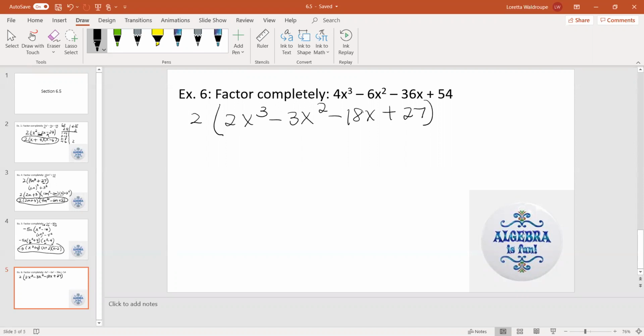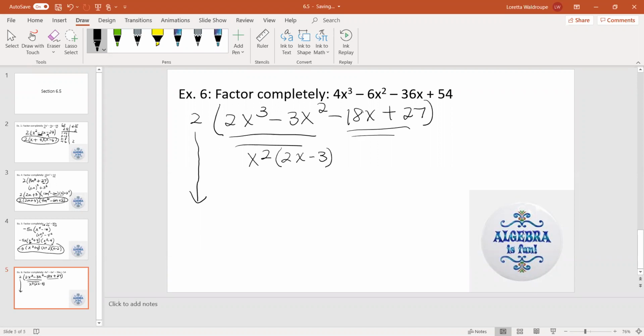So you're going to group. Looking at the first 2, and I'm just going to draw an arrow because I'll bring my 2 down to the final answer. What goes into 2 and 3? Just 1. But I can see both of those have an x squared in common. So if I take out 2 x's, I'm left with a 2 and an x minus 3.